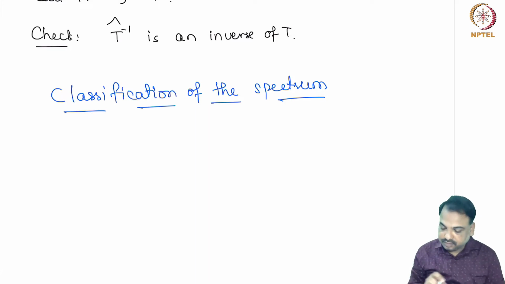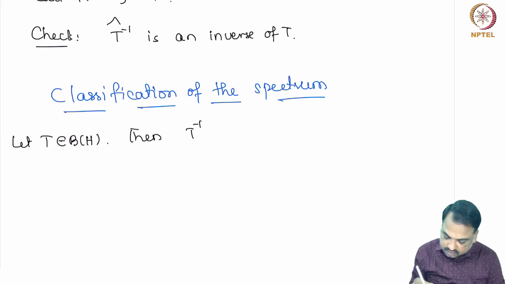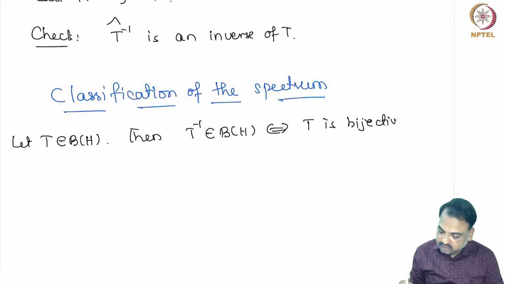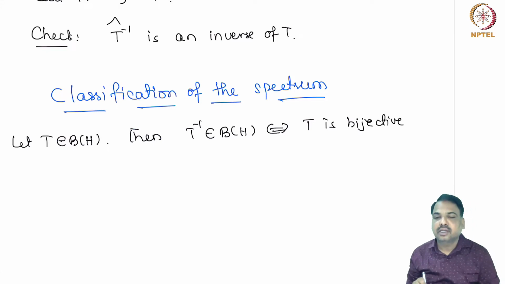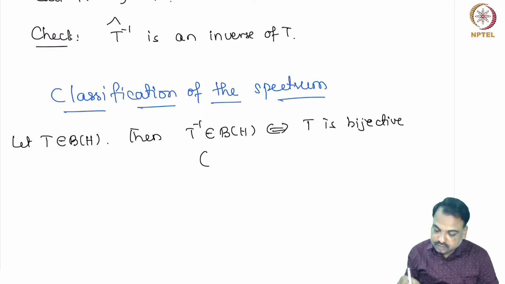Okay, now we know that T is bounded, then T inverse exists and it is bounded if and only if T is bijective. We can apply the inverse mapping theorem to conclude that T inverse exists and it is bounded.